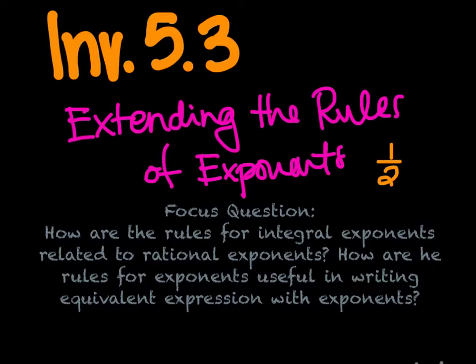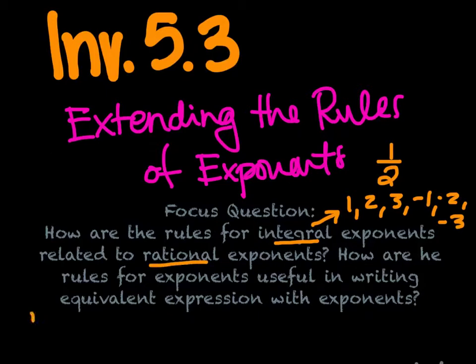How are the rules for integral exponents, so integers, we're talking about 1, 2, 3, or -1, -2, -3, how are the rules for integral exponents related to that of rational exponents? So looking at 1.2 or 1/2 or something like that.